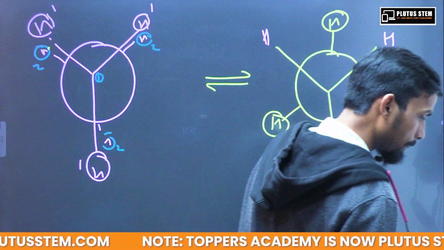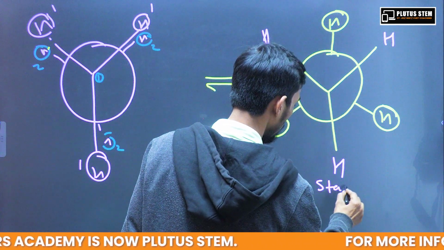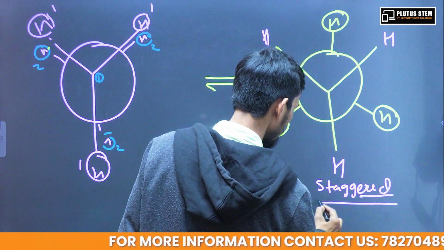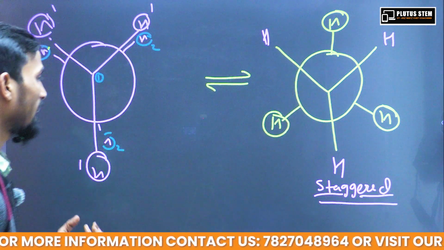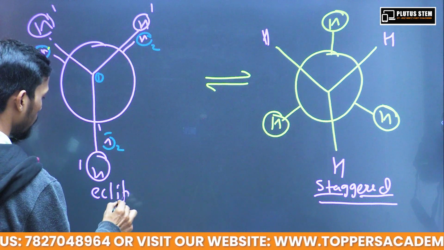So this form is termed as staggered form, and this form is termed as eclipse form.